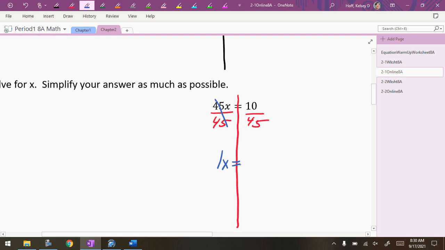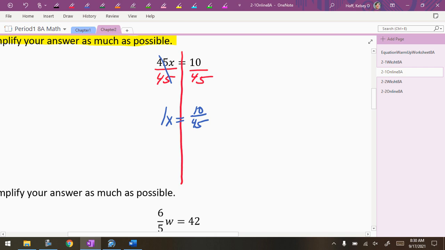And notice right here in your directions, simplify your answer as much as possible. So bring it straight down. What did you just type into your calculator? 10 divided by 45. So write that down. Now I have to look for what number I can divide out of 10 and 45.